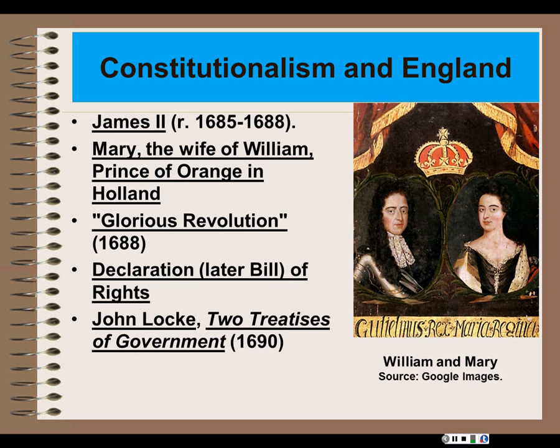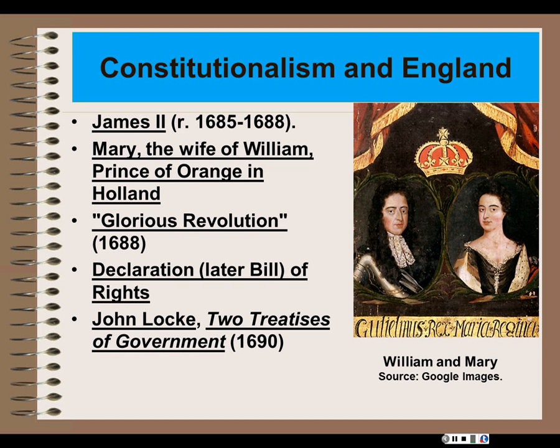The Protestants became upset, as did Mary, the wife of William, Prince of Orange, and in a bloodless revolution, Parliament offered the English throne to William and Mary. James II fled the country.